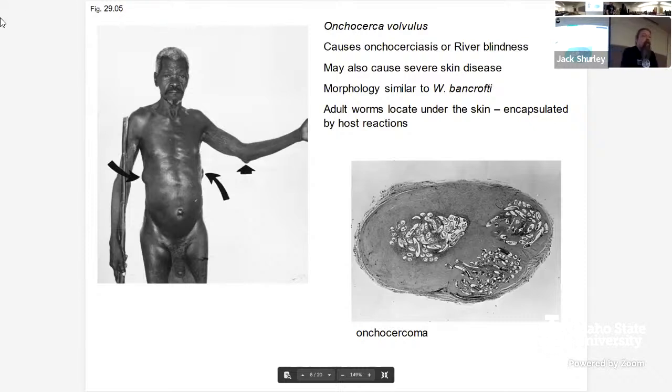So the adults are encapsulated under the skin and establish some pretty severe reactions as a result of it. And we kind of encase the worm as part of our own response to wall them off. The juvenile stage of these worms can be in the eye, and they can attack the retina and ultimately lead to blindness.